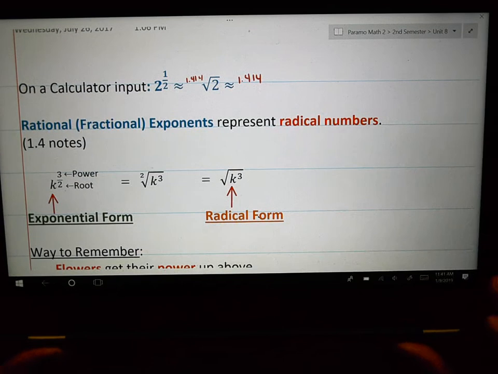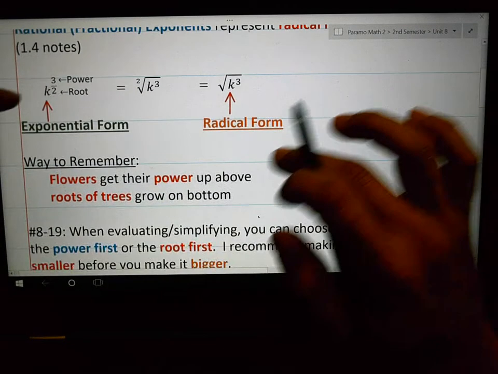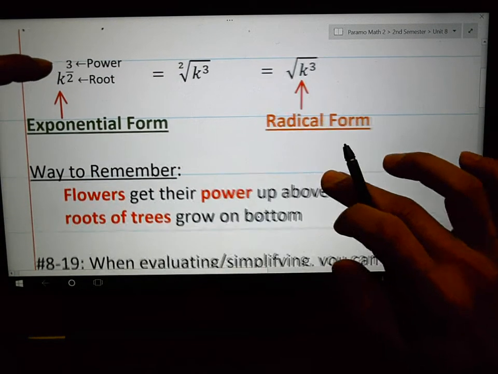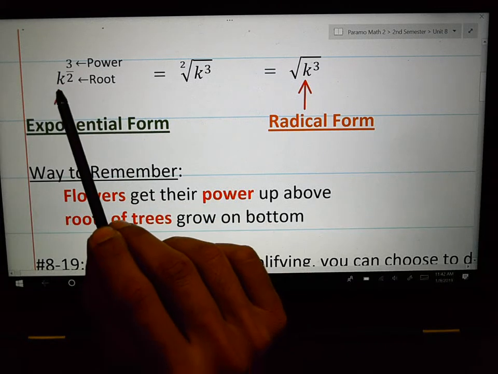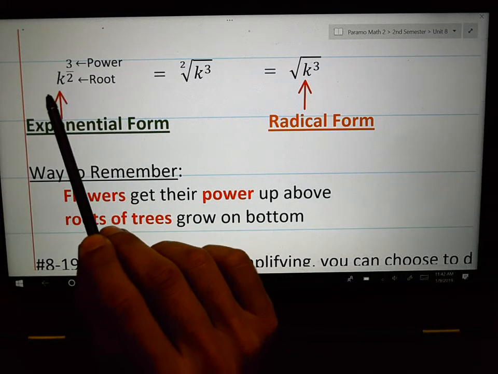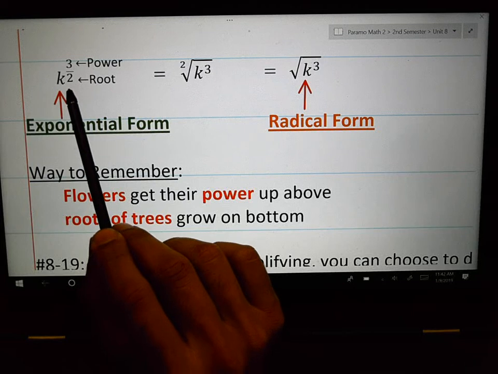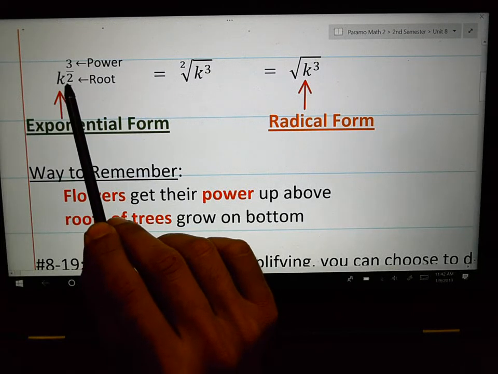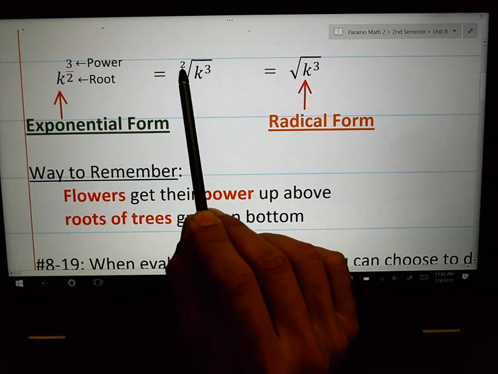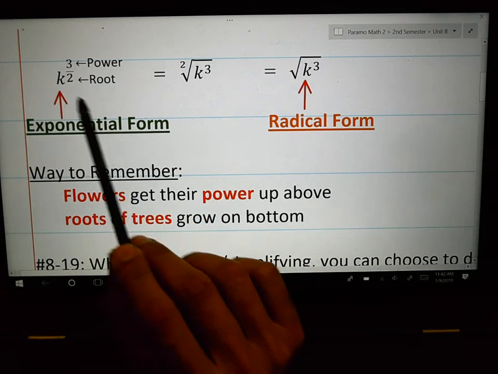And this should go right with our major part of the lesson, which is this. If you have a fraction in your exponent, the bottom part of the fraction is considered the root. That means that if I see a 2 there, it's the square root of whatever this is.